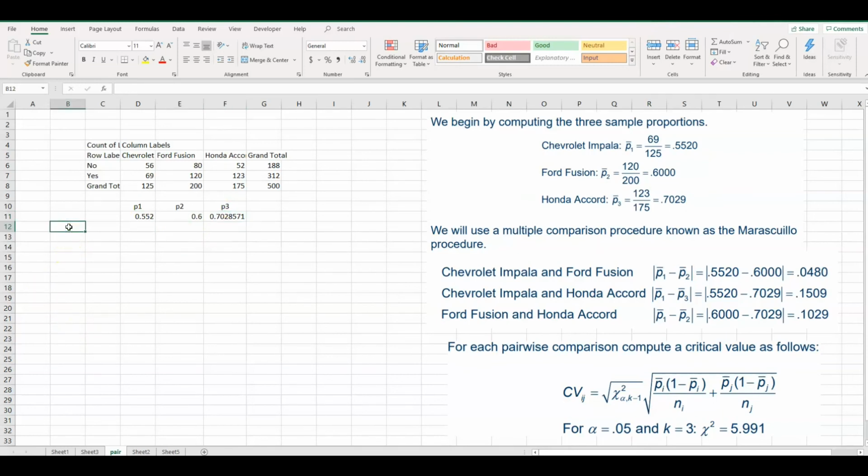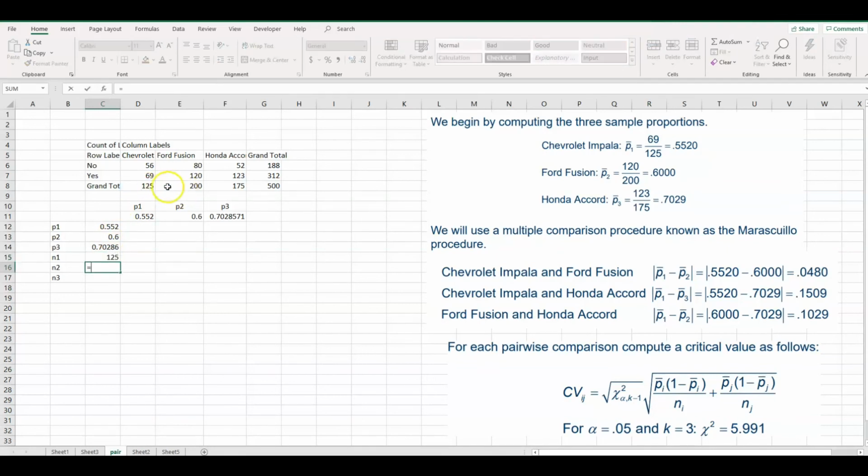Actually, this is our question. We are going to use P1, P2, and P3, and N1, N2, and N3 to make our calculation easy. So this is P1. We can just manually type P2 and P3: the proportion for the first car, 55%, 60%, and 70%. So this is N1 total, N2, and N3. I'm going to explain why I do it this way.